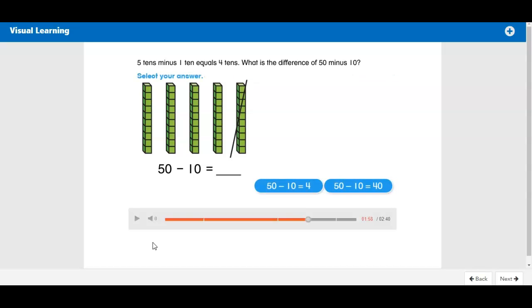Select your answer. I know that if I subtract 5 tens minus 1 ten, it equals 4 tens. 4 tens is the same as counting 10 4 times. 10, 20, 30, 40. 5 tens minus 1 ten is equal to 4 tens, which is 40.